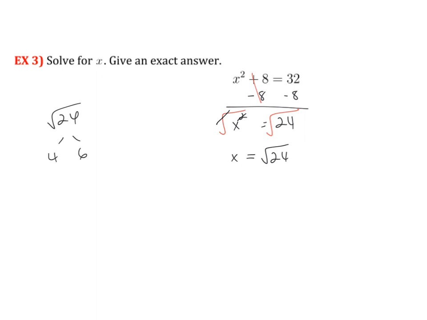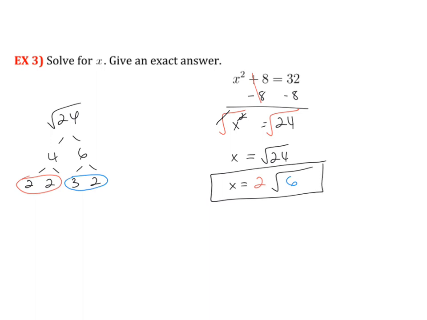This is 4 and 6, factoring 6 into 3 and 2, factoring 4 and 6 gives me these factors right here. I have a pair of 2's, and so my final answer will be 2 times the square root of these 2 factors multiplied together to give me 6. So my final answer is x is equal to 2 times the square root of 6.